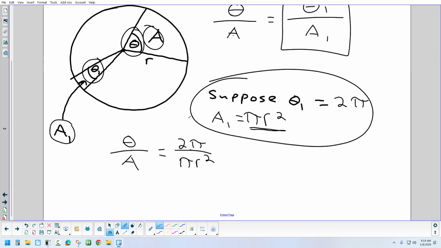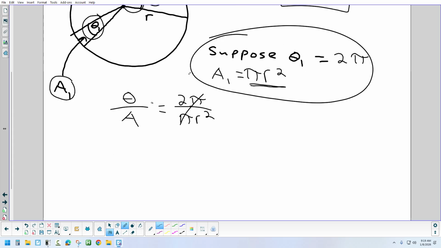Okay, what would happen on the right side? Yeah, the pi's would cancel out. So now when we cross multiply, we have 2A. Now our goal is to find a formula for A, not 2A, but for now it's okay. So we have double the area equals r squared theta.